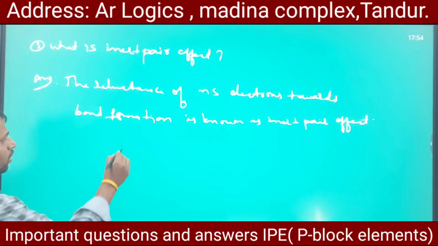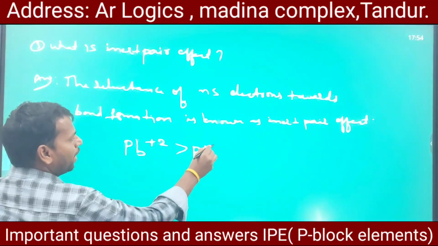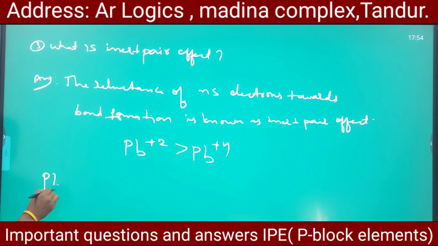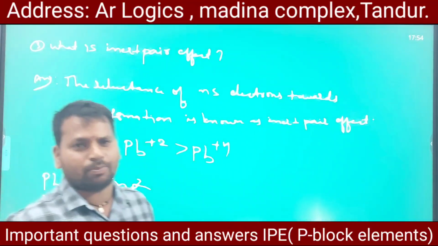For example, Pb2+ is more stable than Pb4+. When we write the general configuration of Pb, ns2 np2 electrons are present, because it belongs to the carbon family.